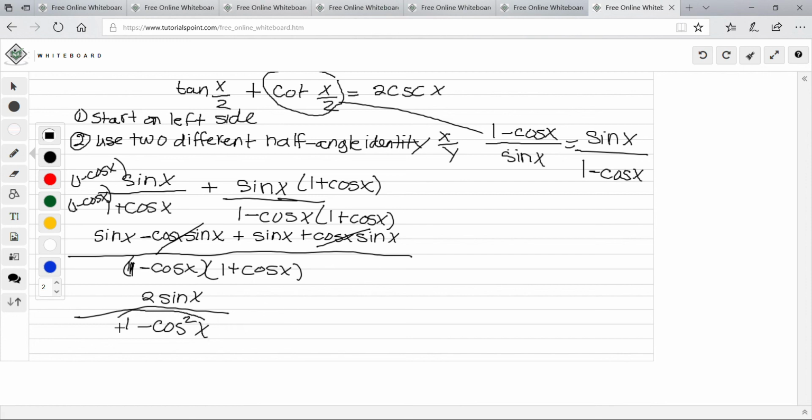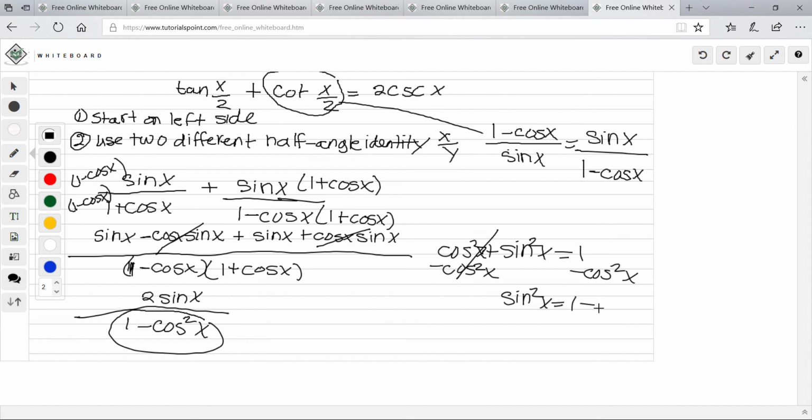This is an identity, right? We get it from cosine square x plus sine square x equals 1. So if you were to subtract cosine square x from both sides, you get sine square x equals 1 minus cosine square x.